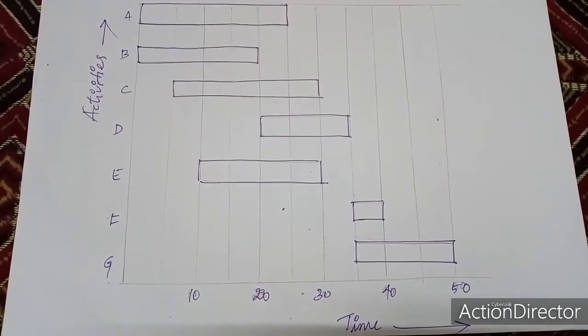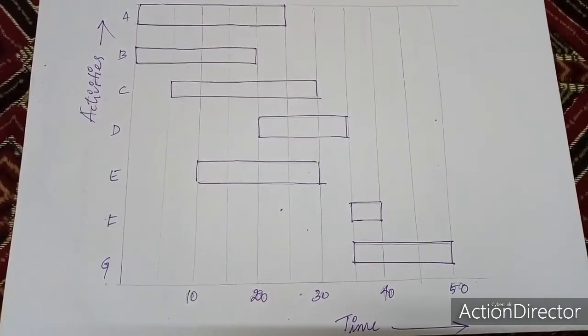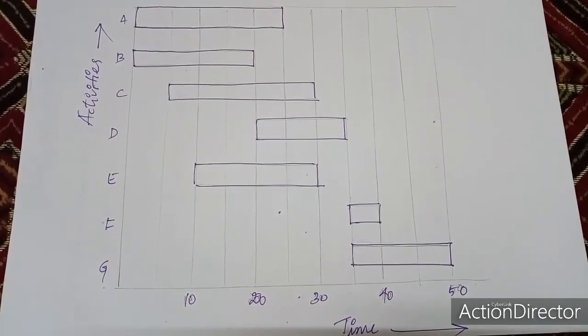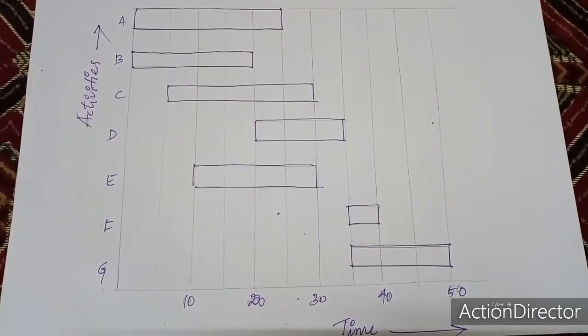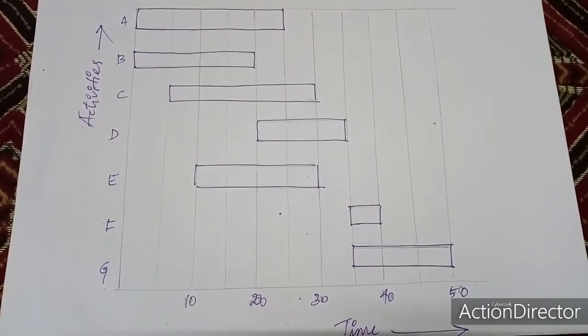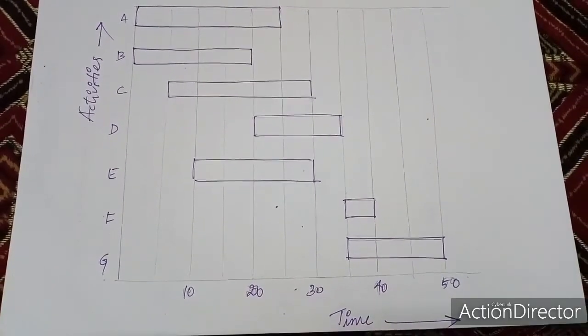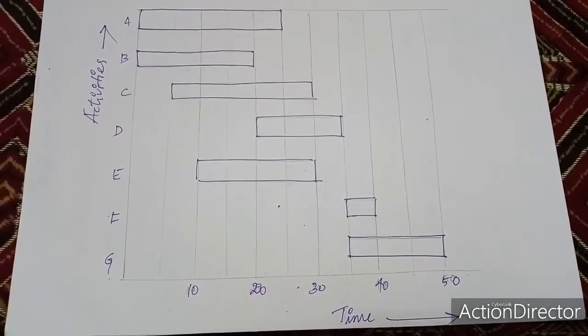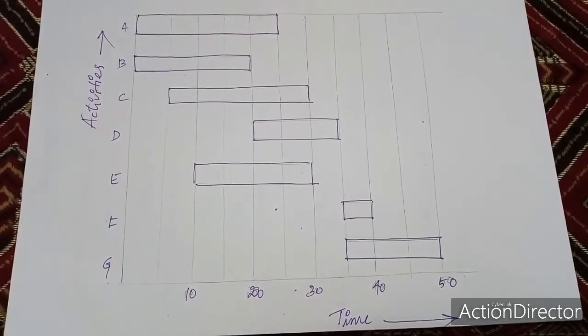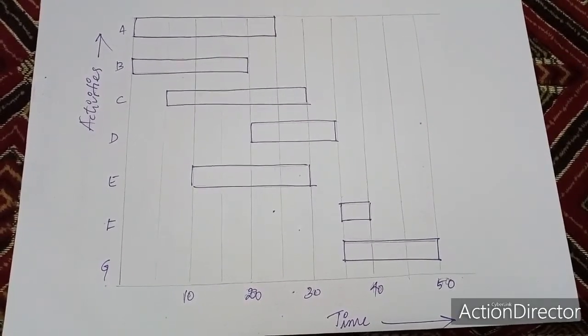The activities are shown in the form of bars. You can see bars in the chart, and these bars represent the activities done. The length of the bar shows the time the job or the activity takes for completion. So how much time is required for the completion of the work is what the bar shows.